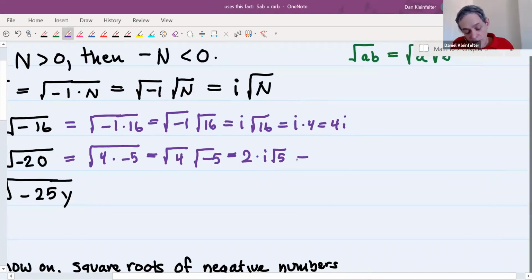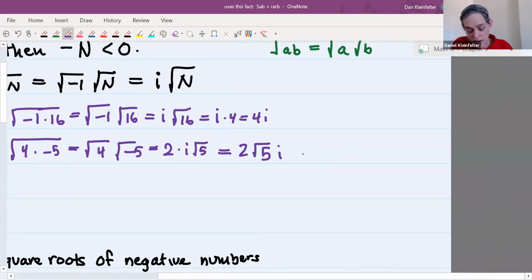So there's a couple of different ways this may be written. Some people like to put the I in front of the square root sign. Some people like to put it afterwards. You may see 2 square root 5 times an I. If you do it that way, make sure that you know that the I is not underneath the square root sign, okay? So don't have 2 square root of 5I with the I underneath.